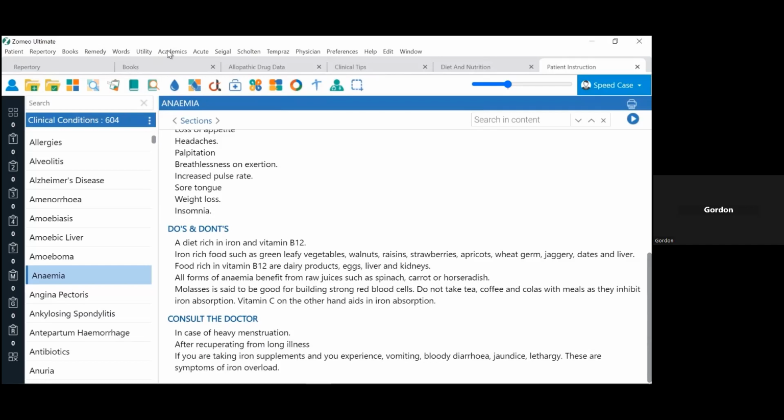There is a ton of information in Hompath Zomeo, which is going to take a long time for even homeopathic physicians to discover and to understand and to utilize. But whatever has been put in this software can be practically applied in clinical practice, to give the patient a very seamless and smooth experience. Thank you.